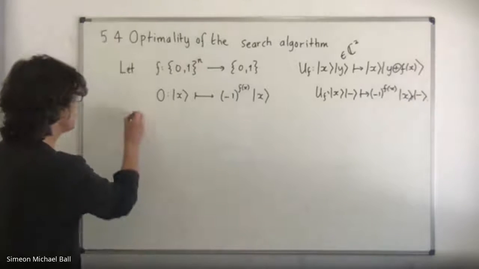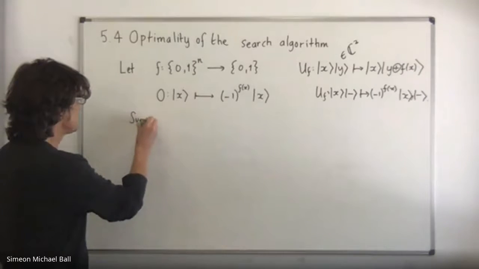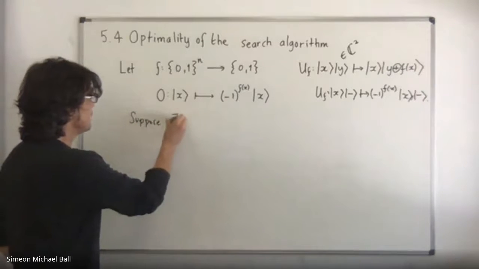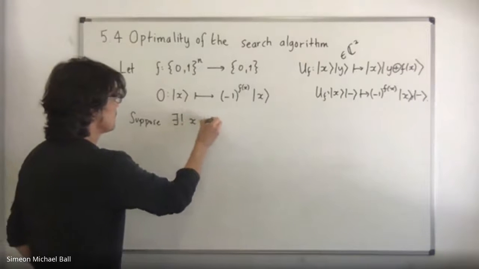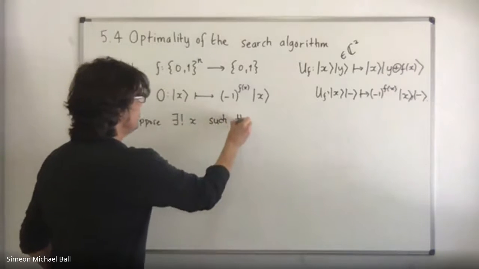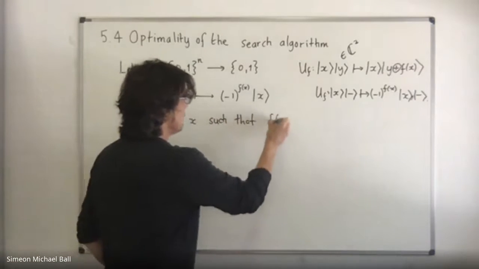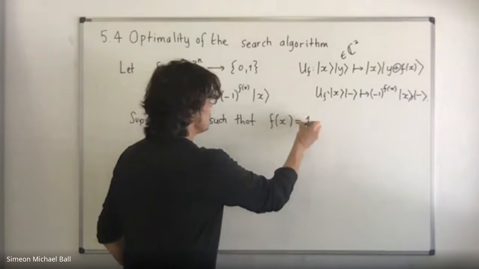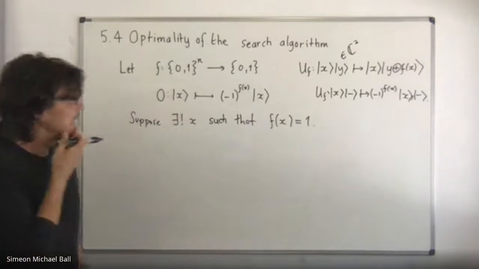So let's suppose there's a unique x such that f(x) is equal to 1.